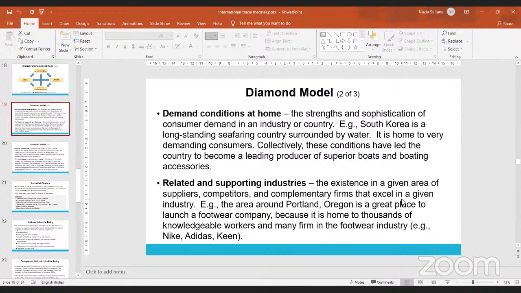Then, what kind of relationship do you have with the supporting industry? The supporting industries can be both complementary industries as well as substitutes in the market. So, do you have integrative capabilities to integrate with your suppliers and competitors in your country?